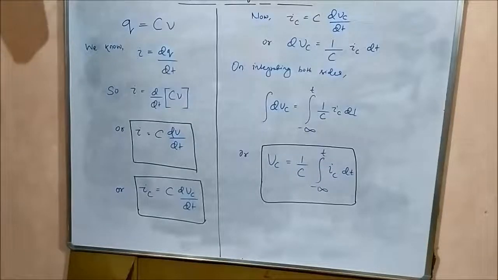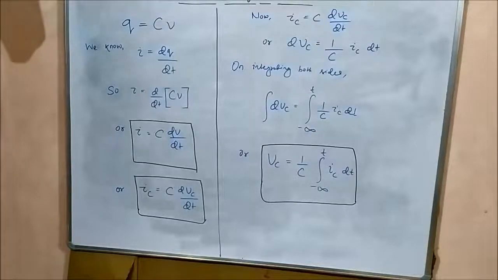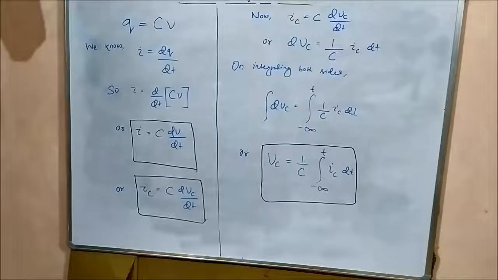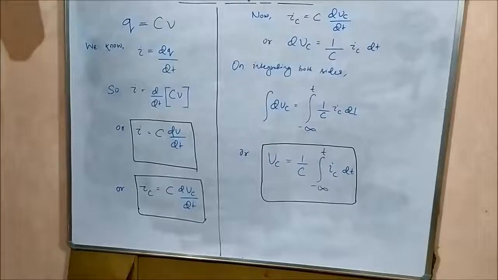Inductors and capacitors are different from resistors in that they are energy storing elements. Inductors store energy in a magnetic field and capacitors store energy in an electrostatic field. So whenever they are connected in a circuit, the voltage across the capacitor and the current through the inductor cannot change instantaneously.